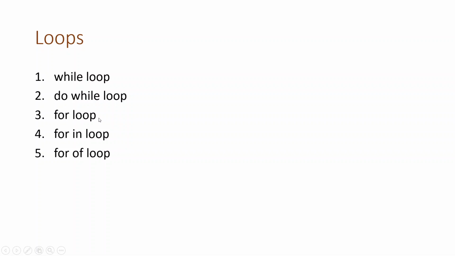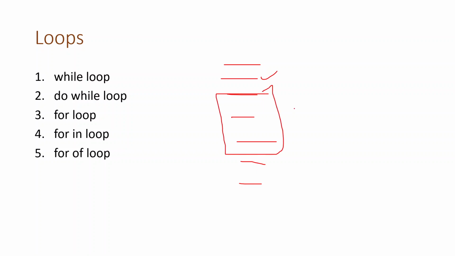So first of all, how does a loop work? Suppose in JavaScript there are multiple lines of code, and suppose one single line of code or one block of code we have to run multiple times, then we can use a while loop or do while loop.